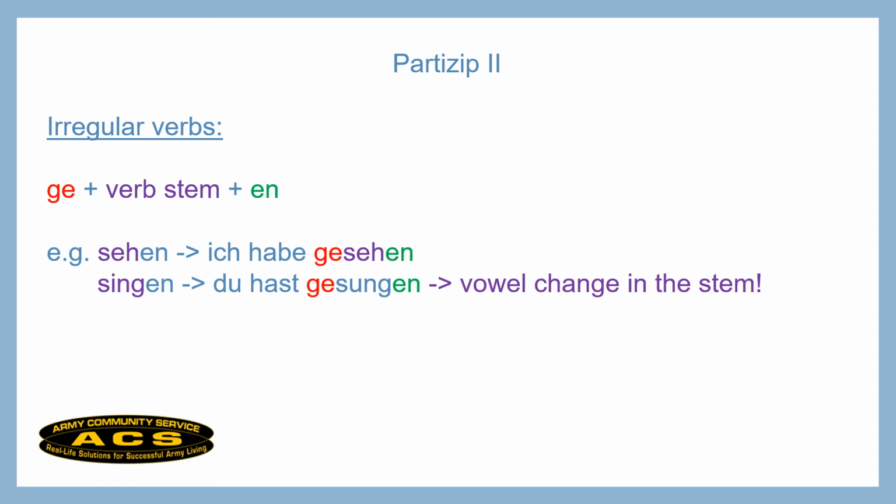So you see, sometimes you have to be careful. That's why I can't just say, oh, just keep the infinitive form, because sometimes with those irregular verbs, you do actually have a vowel change in the stem. So you see when you look at singen, there's an i in the verb stem, but then when you are building the Partizip zwei for your perfect tense, then that i actually turns into the letter u.